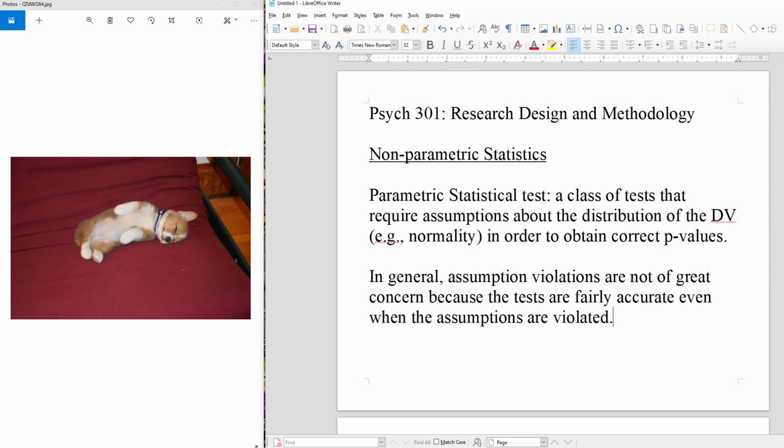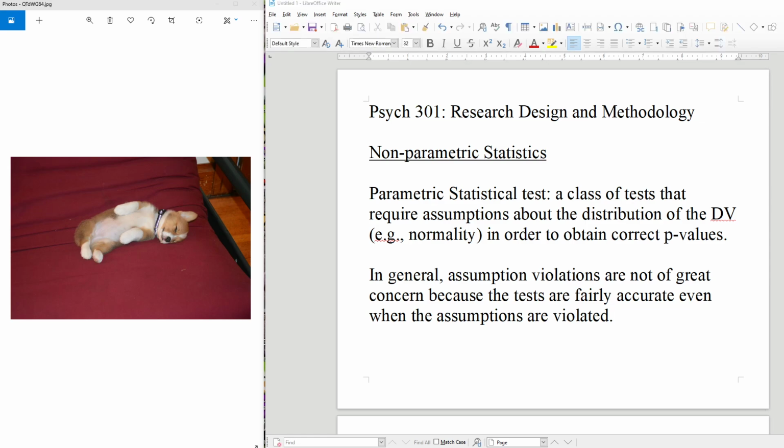So with real-world data, even if you don't have a normally distributed dependent variable, it's not like you're going to be testing at some crazy alpha like alpha 0.07 or alpha 0.03. It's going to be right around 0.05, but it's not going to be exactly 0.05.